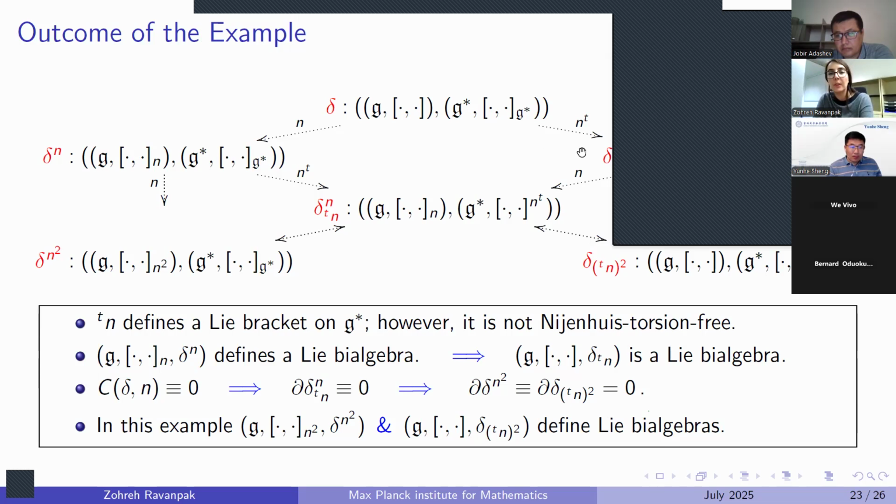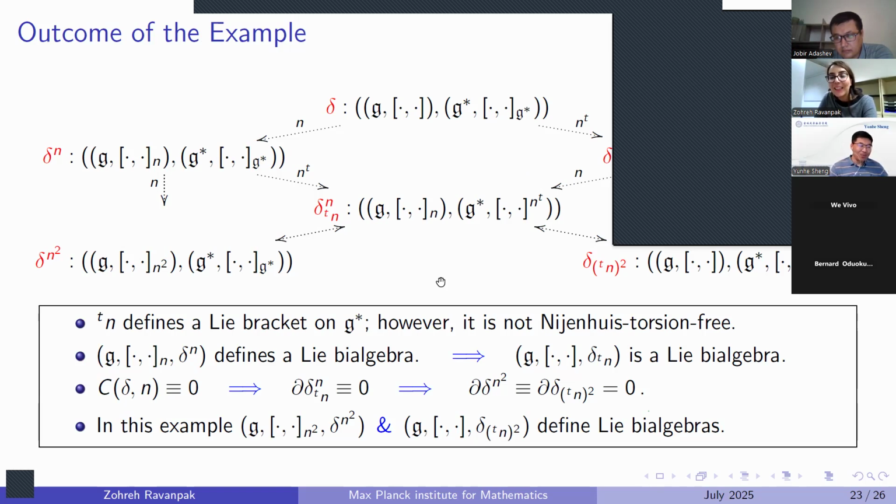Then according to the lemma, we get the right-hand side bialgebra also. In this example, I show that the concomitant is 0. This is the condition that delta and n need to satisfy. Was that clear?